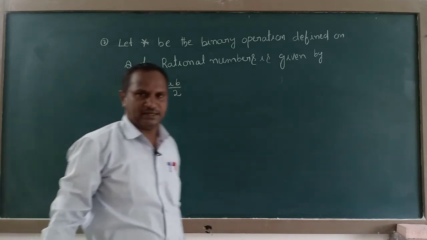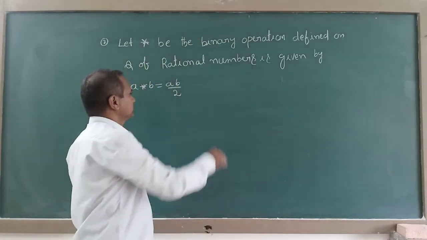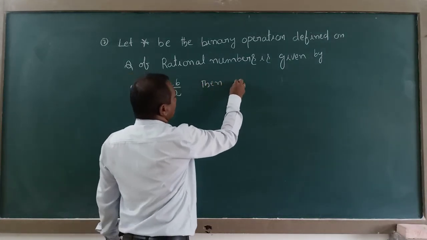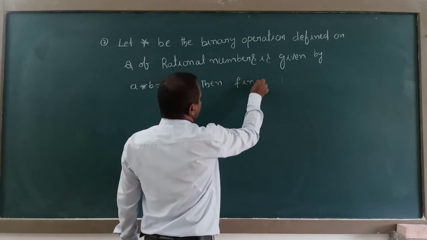Then find an identity element for this operation.